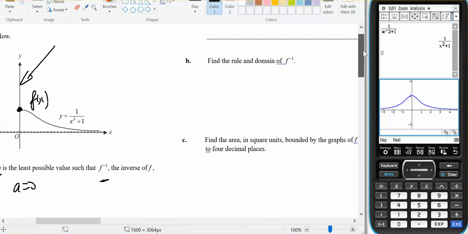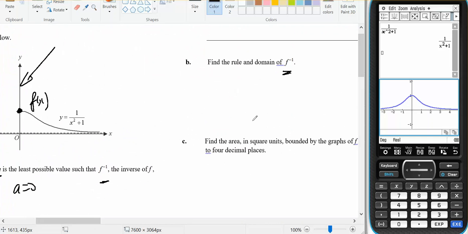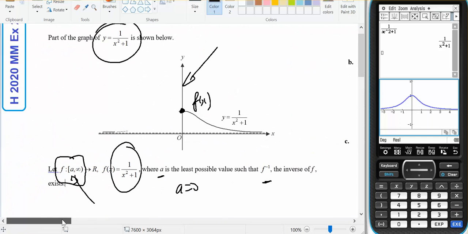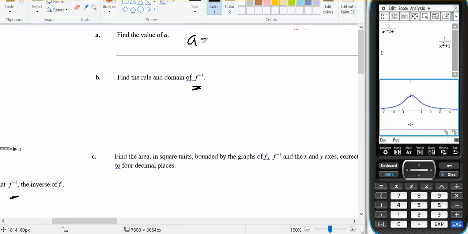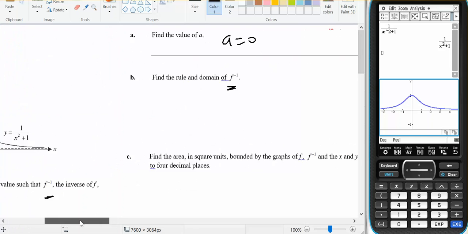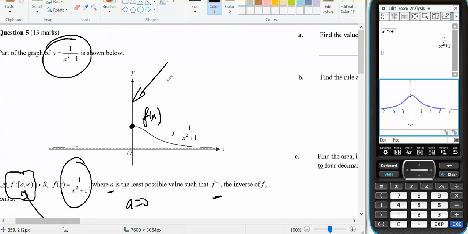Find the rule of the inverse of F. That's what A is, A equals 0. So we're now looking for this. The domain of F is 0 to infinity, square bracket.